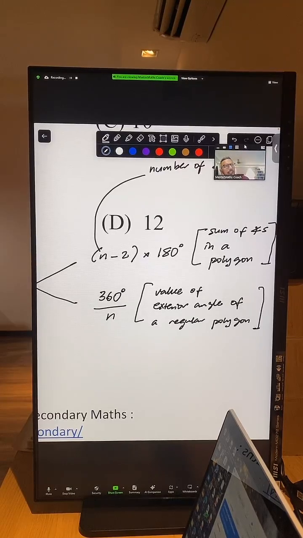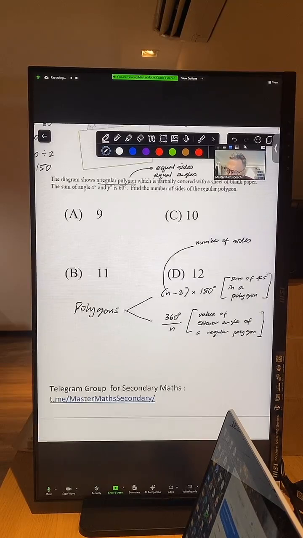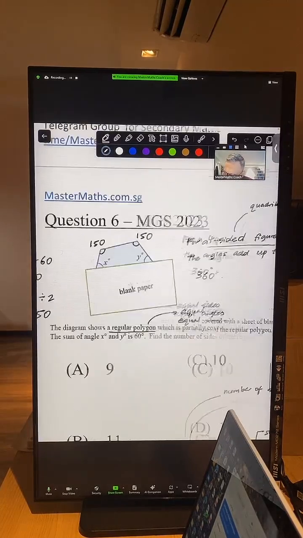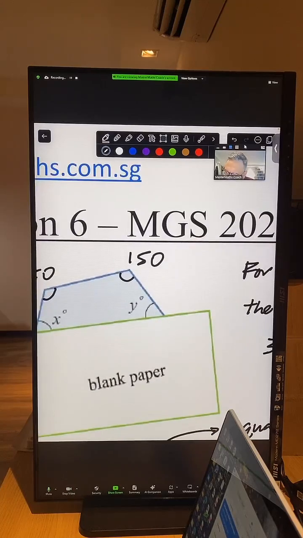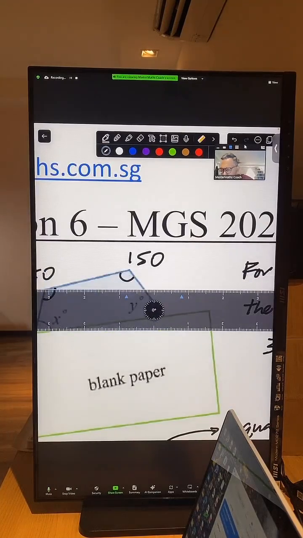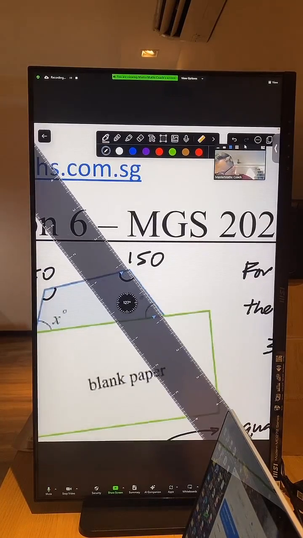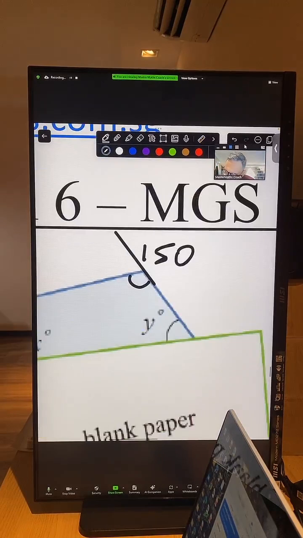Okay, so what is an exterior angle? Let's go back to our diagram here. If I have this 150 degrees, I take my ruler, I turn like this, then I draw a line. This is my exterior angle, which is going to be 30 degrees.